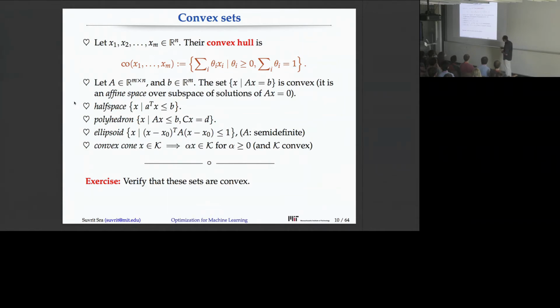You put together a bunch of inequalities and equalities. That is a convex set. And I'll prove these two for you right now. If you manage to prove by brute force definition that that's a convex set, this is just an intersection of a bunch of such sets, and hence it's convex. So the intersection rule is your friend here. The other fancy ones one can also verify. Okay.